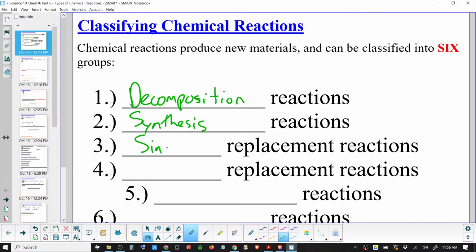There are single replacement and double replacement. Synthesis, if you have taken this at a different school, sometimes that's known as combination. So it's no difference. But we tend to use synthesis most of the time because you're making something.